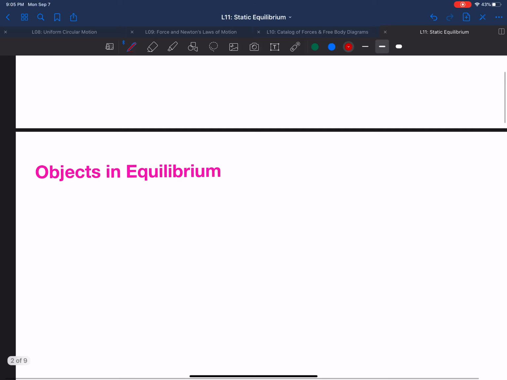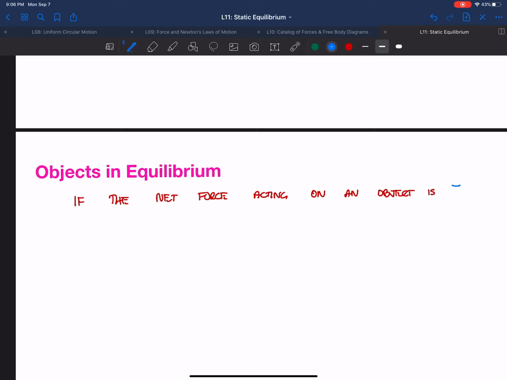So if the net force acting on an object is 0, what that means, of course, is that the x component of the net force is 0, and the y component of the net force is also 0.